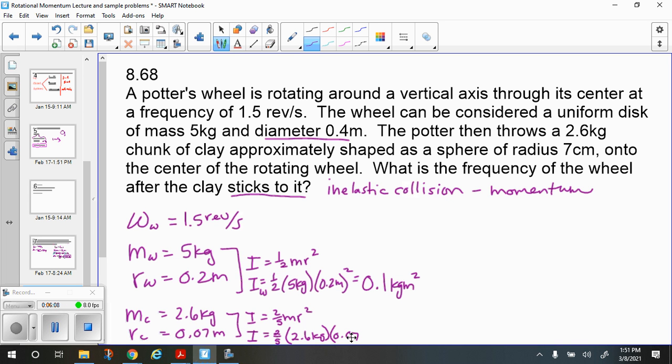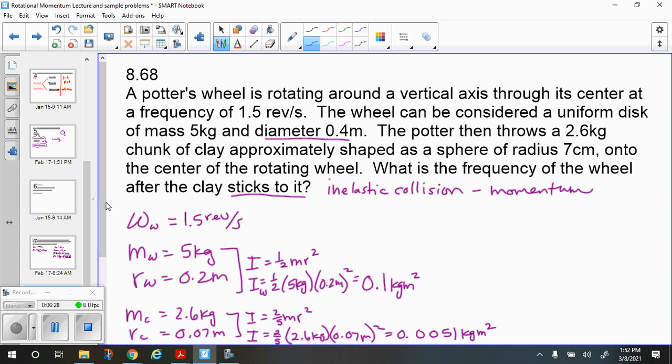We're going to square that, and then we get 0.0051 kilogram meters squared. Okay, so those are our moments of inertia.